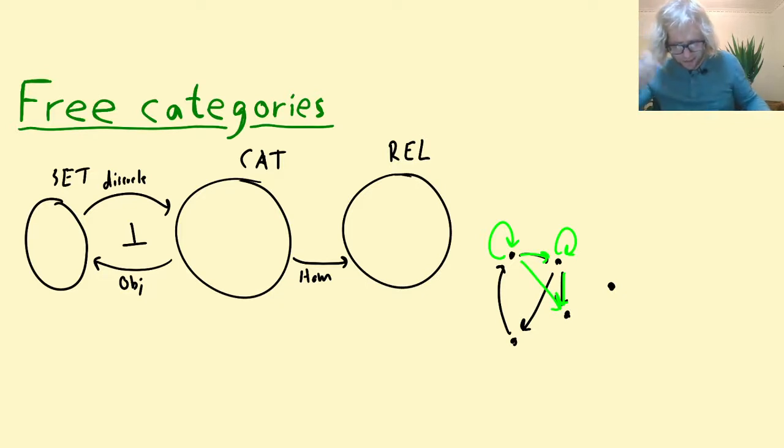So we have identities and composition. But if you forget about this structure, what we get is just a bunch of objects and arrows between them, right? That's exactly a relation. So that's another way that we can forget about the category structure. We forget not about all the morphisms, but about the fact that there is identity and composition, right?